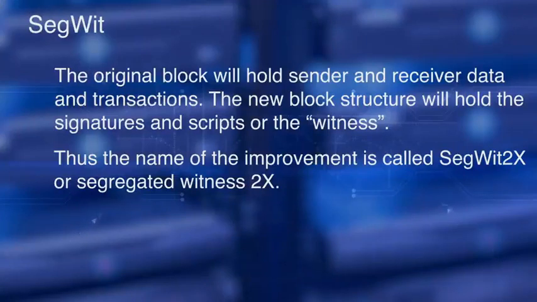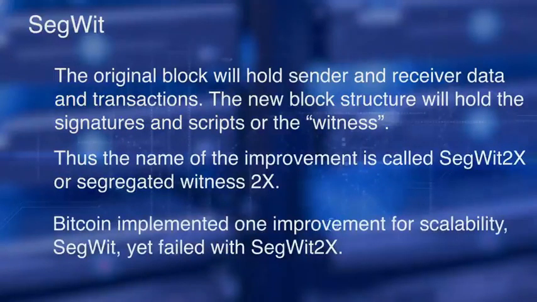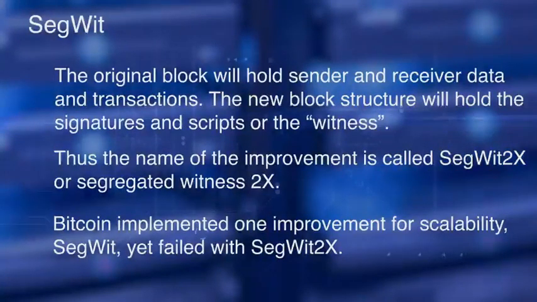It was a planned hard fork that was to have taken place in November 2017, but it did not go through. At this time, Bitcoin has implemented one of its improvements for scalability, namely SegWit. It failed with SegWit 2x.